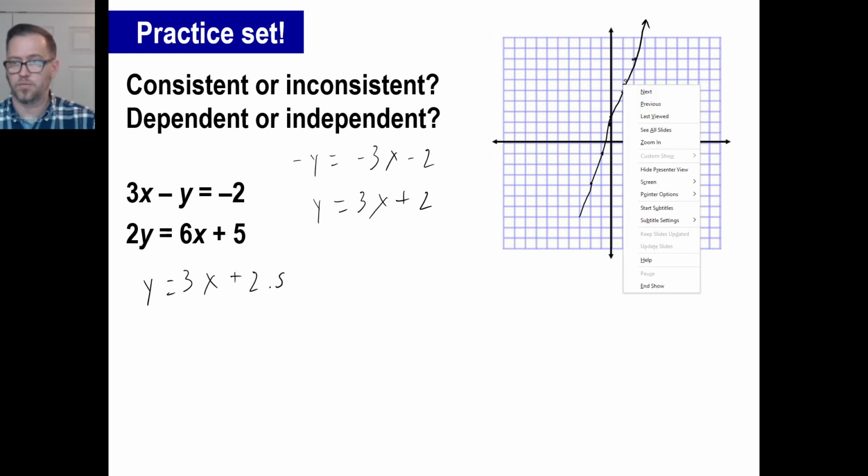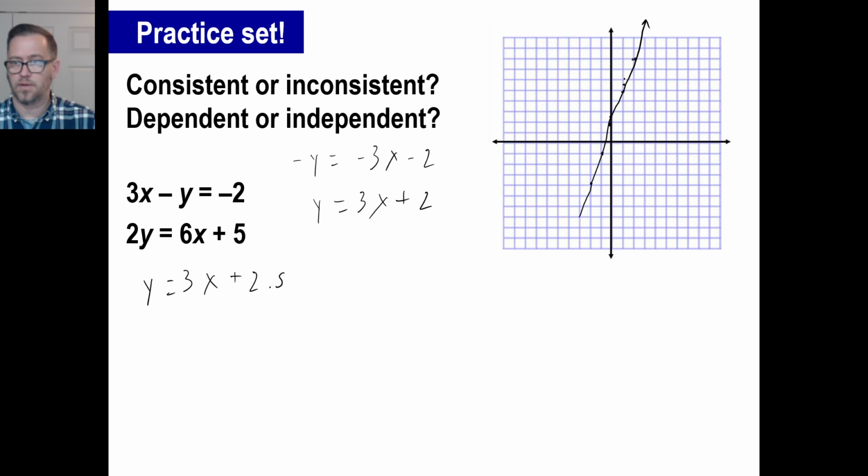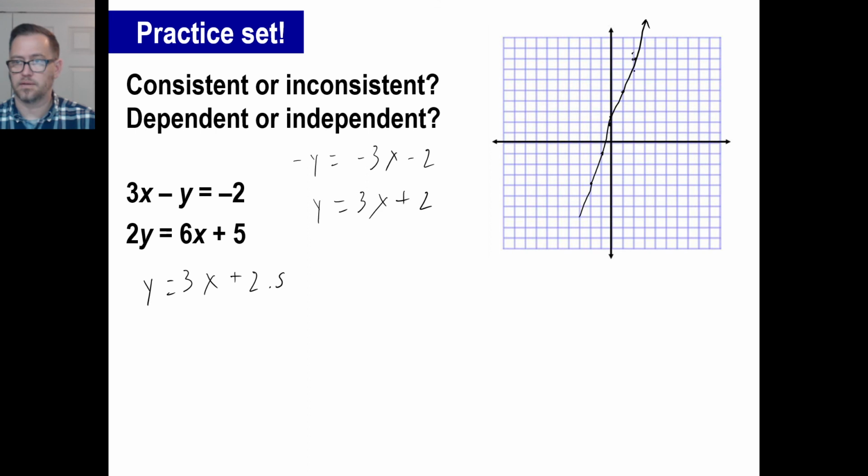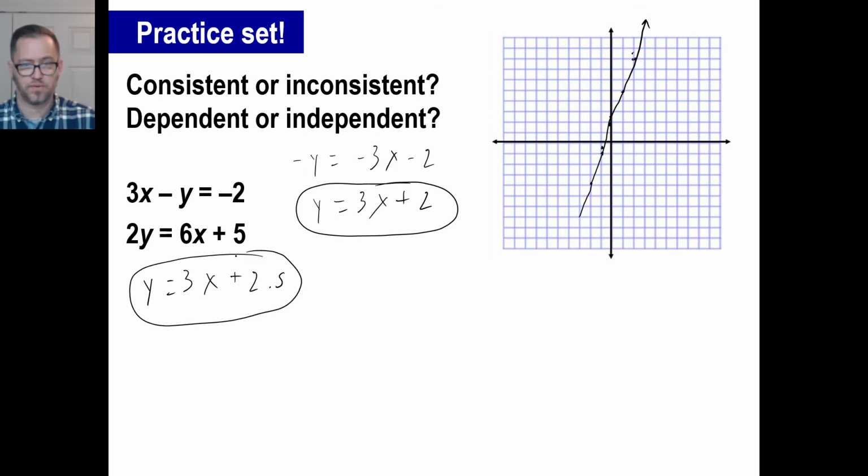Oops, held it too long. Then 1, 2, 3, and then 1 over. There it is again. And then 1, 2, 3, and then over. Okay, looks like y equals 3x plus 2 is our first one. Then we have y equals 3x plus 2.5.